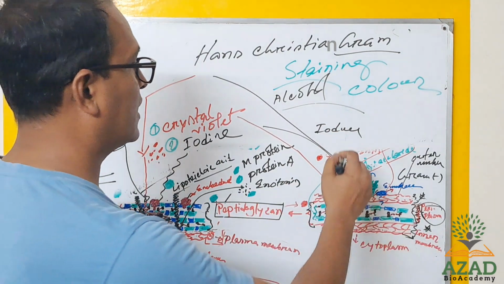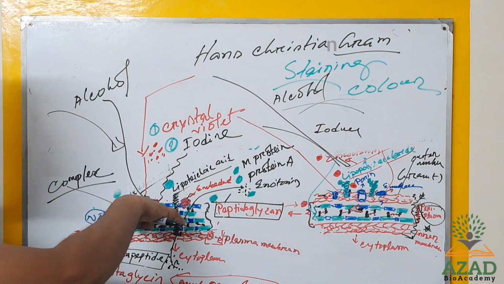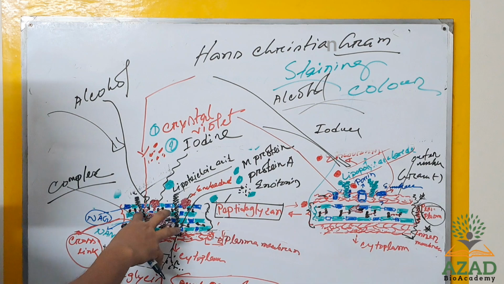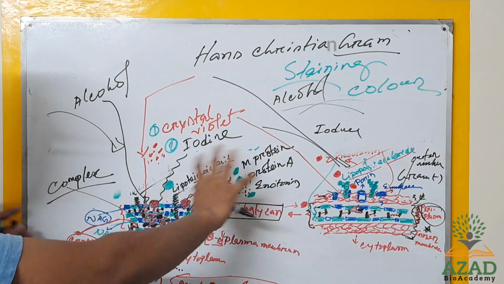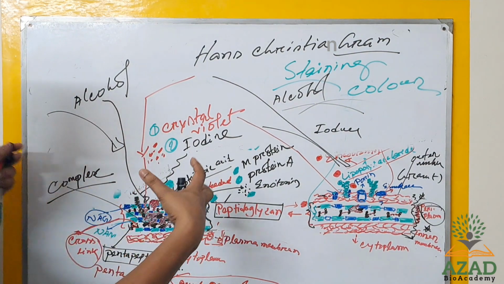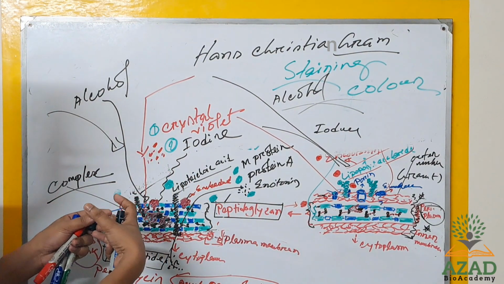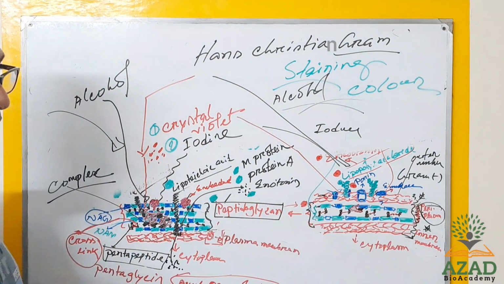But here it is already incorporated into the multiple layers of peptidoglycan. When alcohol is added, there is no chance to wash it out because it has already made a big complex of crystal violet and iodine within the net of the peptidoglycan.